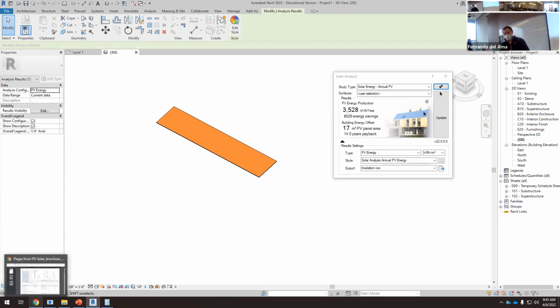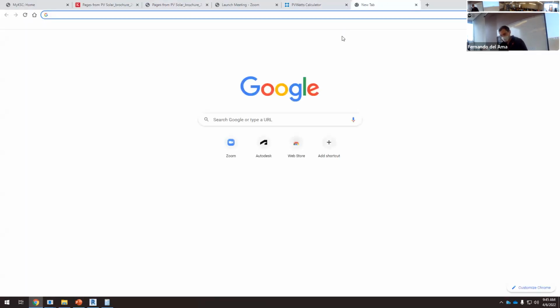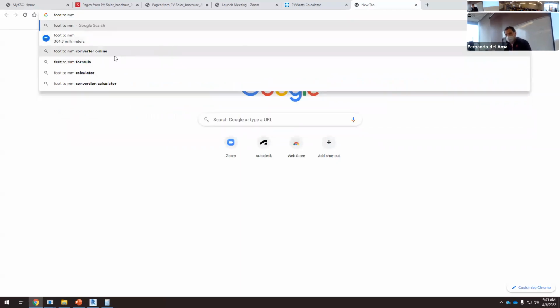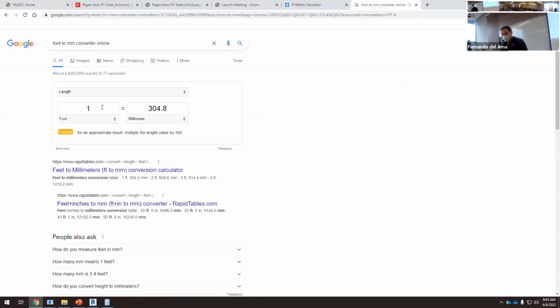Okay, so what is 6 feet in millimeters? Using a millimeter converter, 6 feet is 1800. So it's slightly bigger than the biggest panel that we have here.